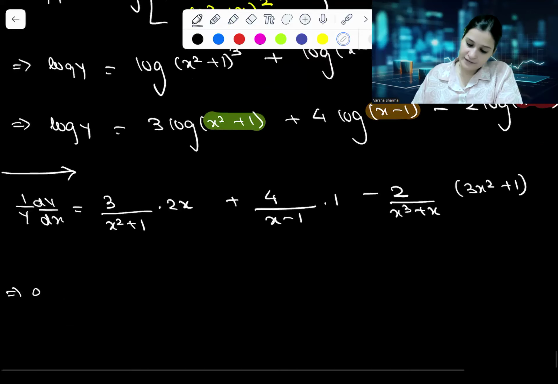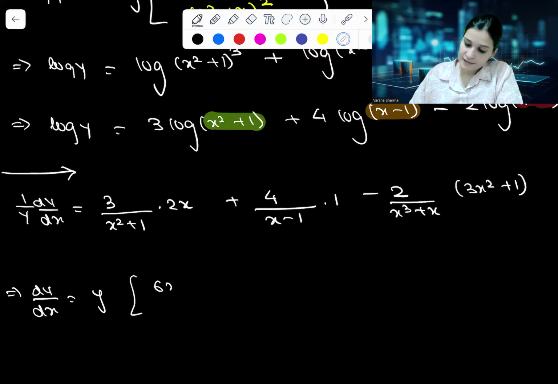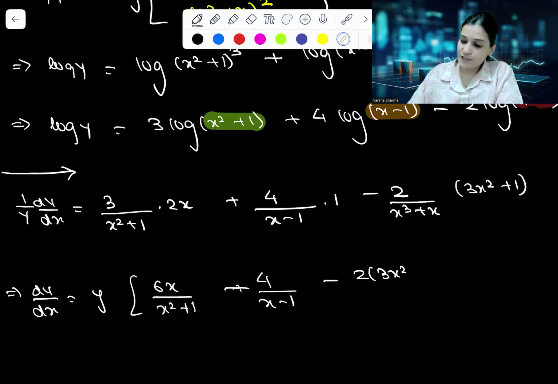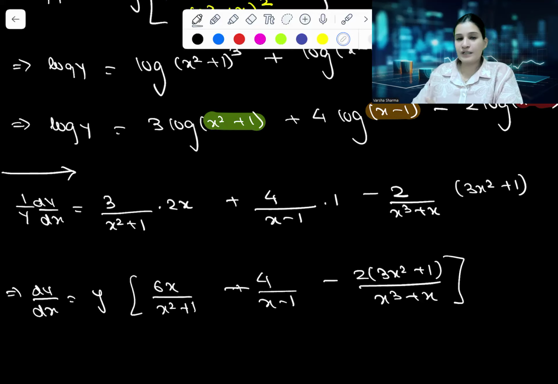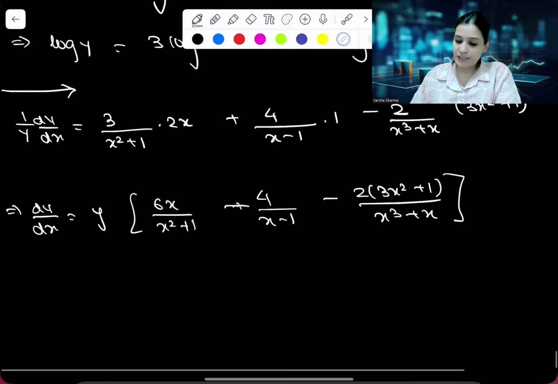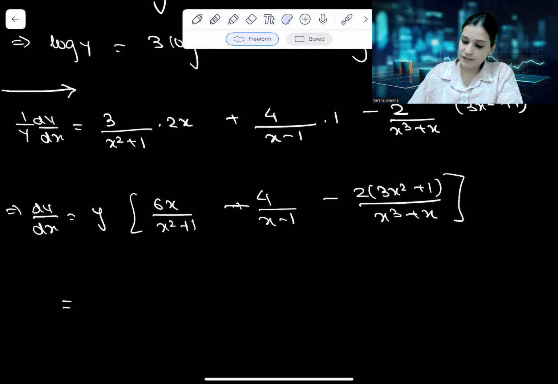So dy by dx equals y into 6x by x square plus 1 plus 4 by x minus 1 minus twice of 3x square plus 1 by x cube plus x.